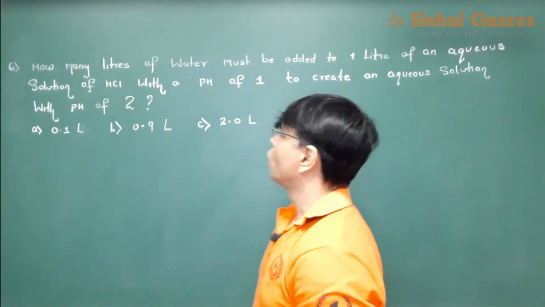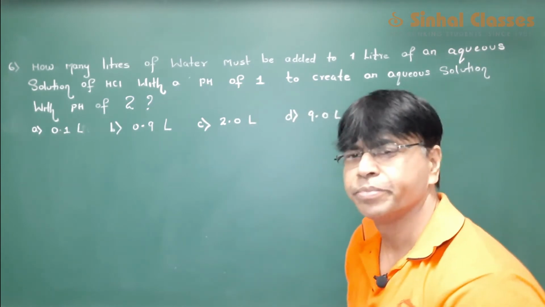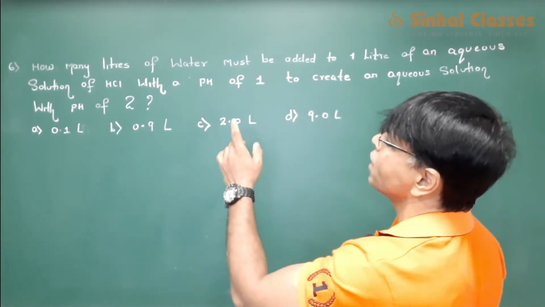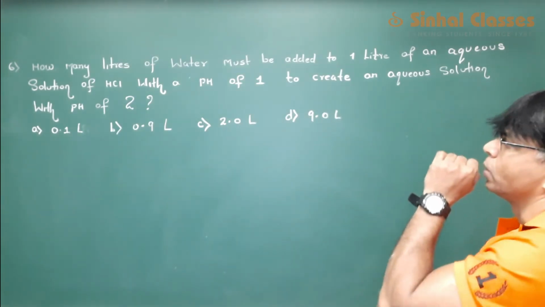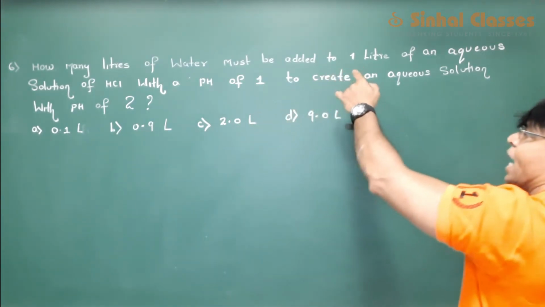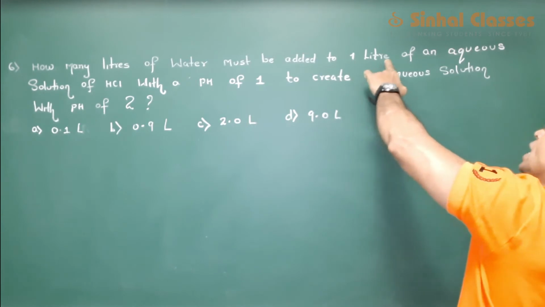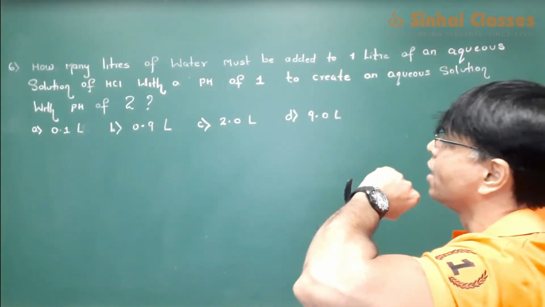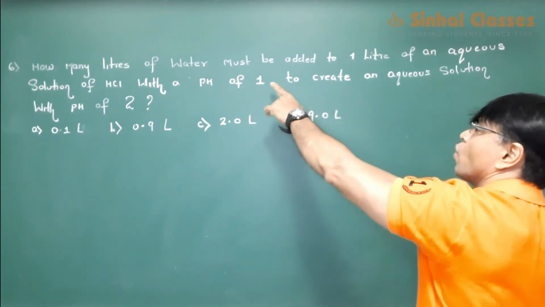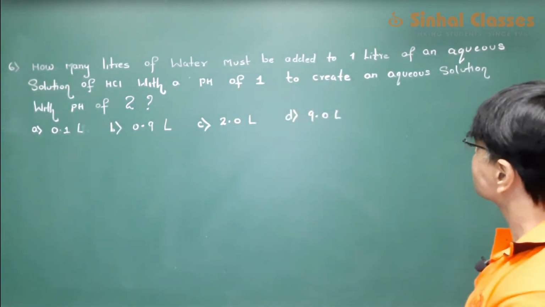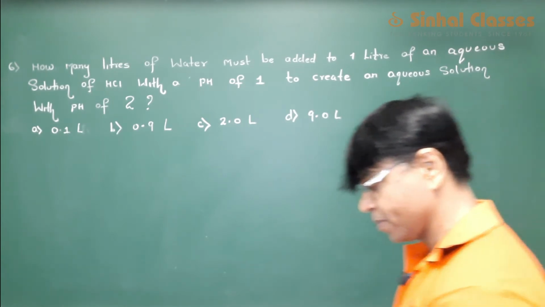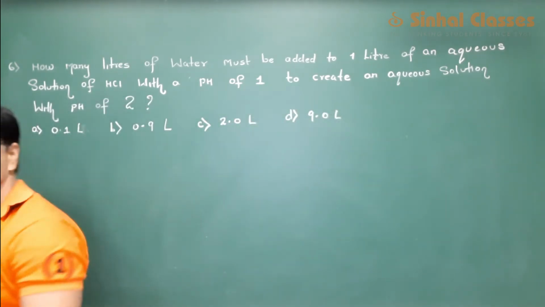Let's see one very important question now. It says, how many liters of water must be added to 1 liter of an aqueous solution of HCl with a pH of 1 to create an aqueous solution of pH 2? Oh, very interesting.